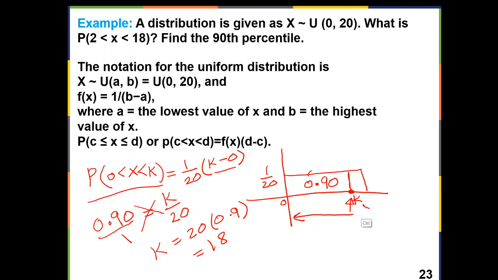So that K right there has to be 18. So 18 is the 90th percentile of this distribution. That means 90% of the distribution is to the left of the number 18. All right? So that's the idea here.